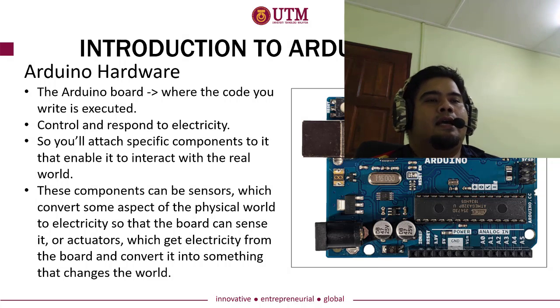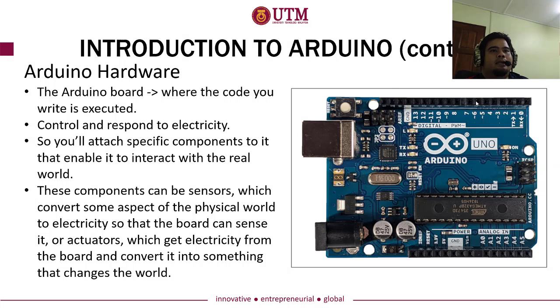The Arduino board consists of several ports. You can see there are many ports from 0 to 13, and here from A0 to A5. Those are the ports that I mentioned before, that will be connected with some sensor or some motor.